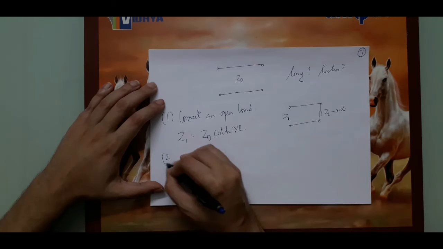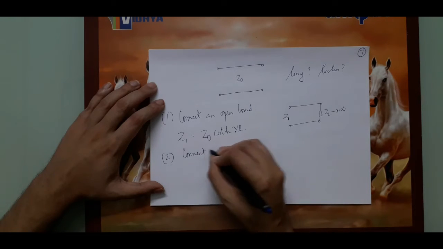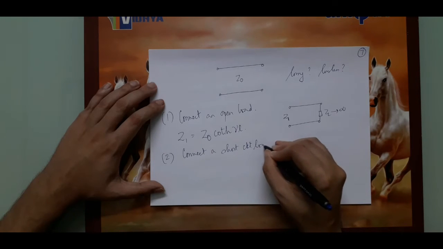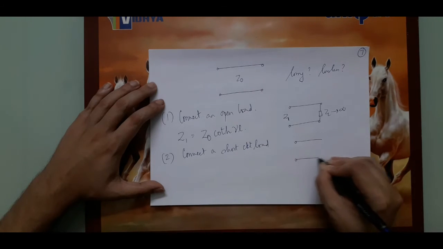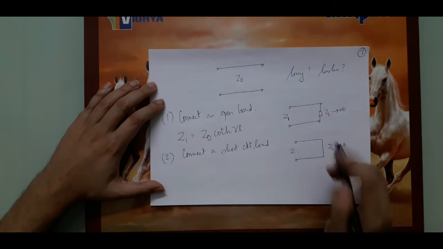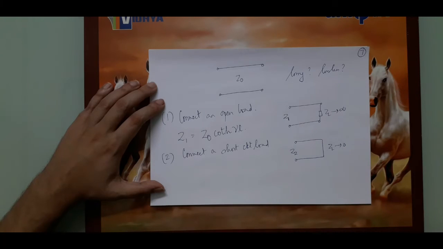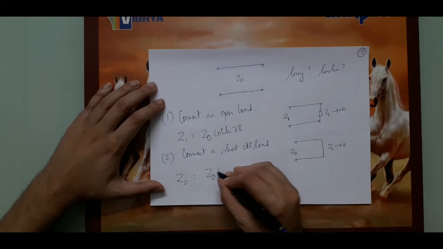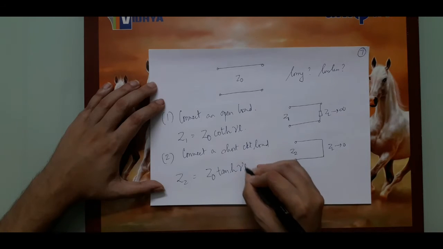Now next, connect a short circuit load and measure the impedance at the other end, call this Z2. So Z2 is now, using what we proved earlier in this class, Z0 tanh(gamma L).